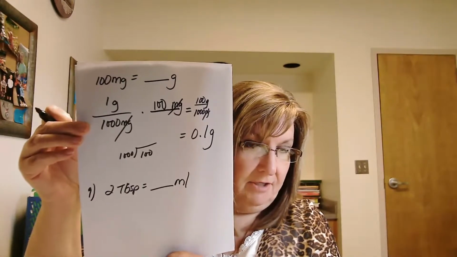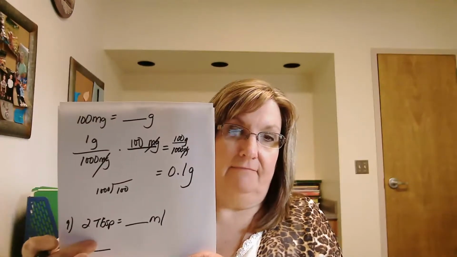We are looking for milliliters. So what is going to go first on this line? Milliliters, right? So let's look on our little sheet right here. Do you see right here, number 2, it says 1 tablespoon to 15 milliliters because we're dealing with tablespoons and milliliters. So our trusty little conversion says 15 mLs to 1 tablespoon.